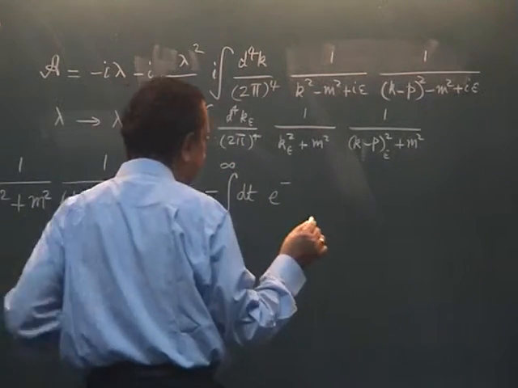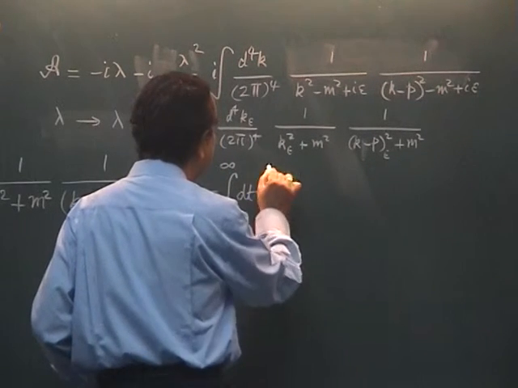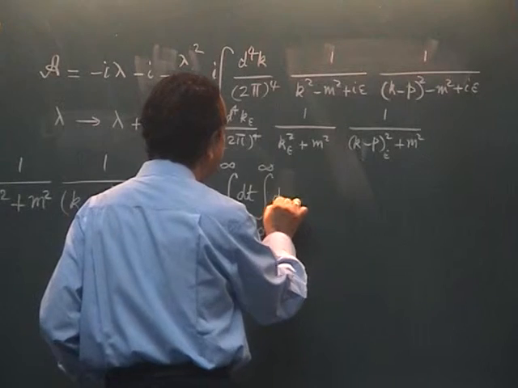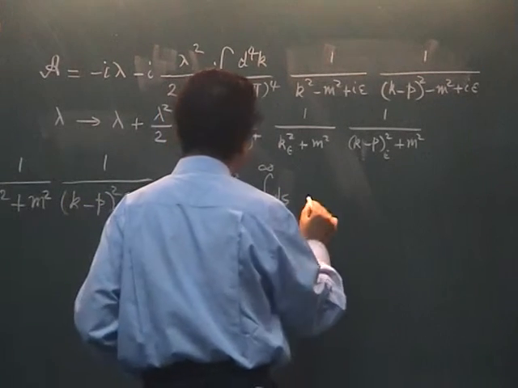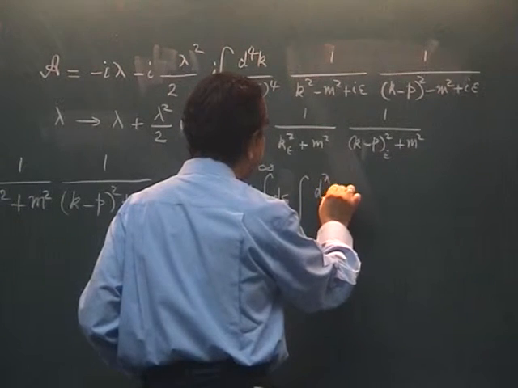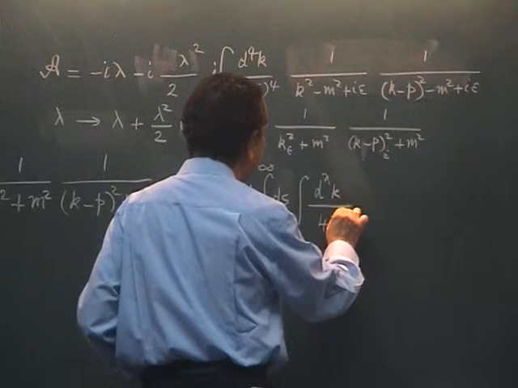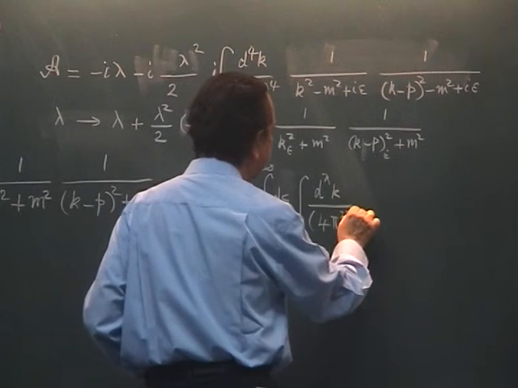Let me write all the integration variables first. Integral over 0 to infinity dt, integral 0 to infinity ds. Then I have this integral dnk upon 4 pi square to the power n by 2.